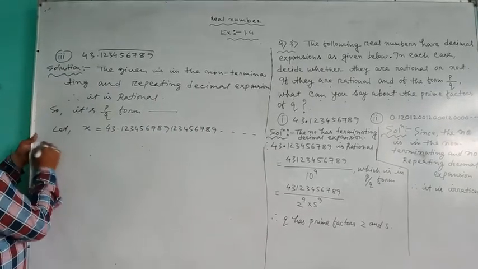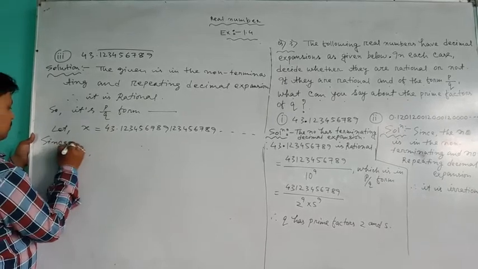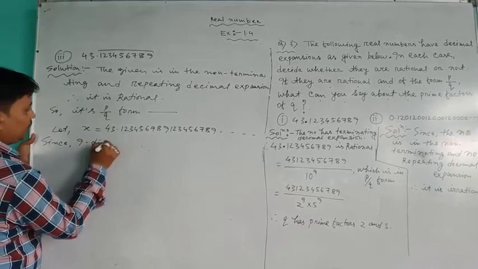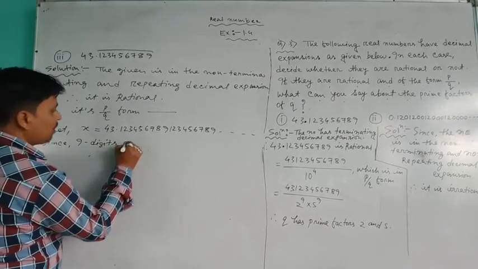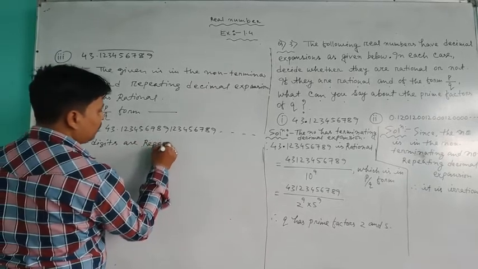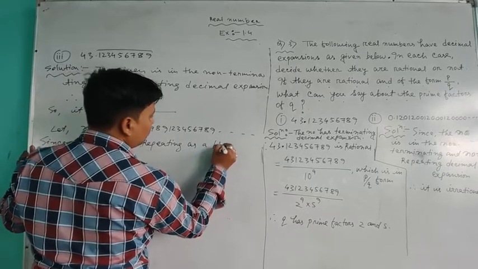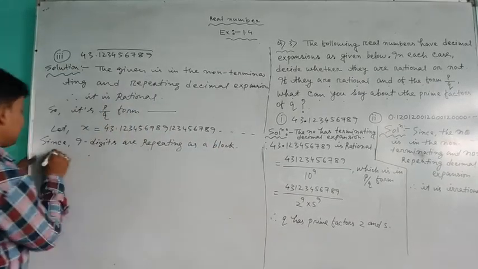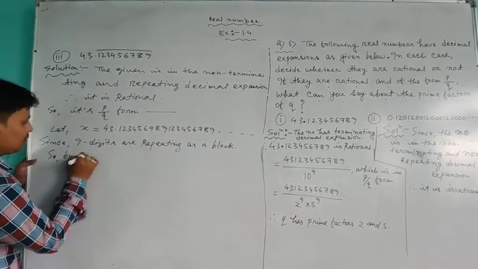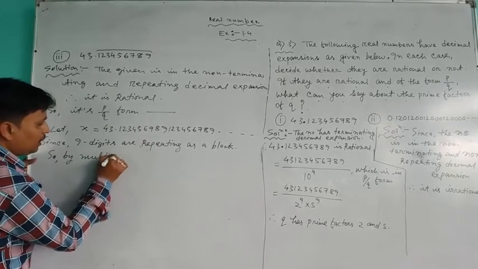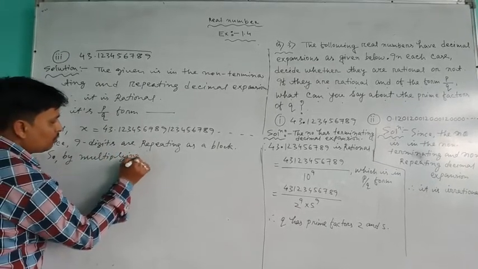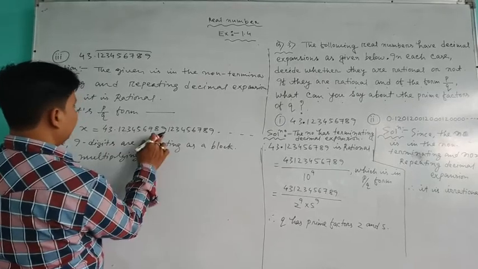So you have to write like this: since 9 digits are repeating as a block, how many digits? 9 digits.